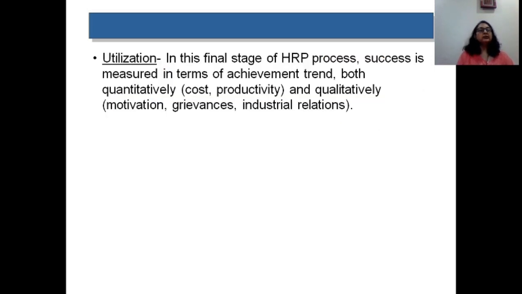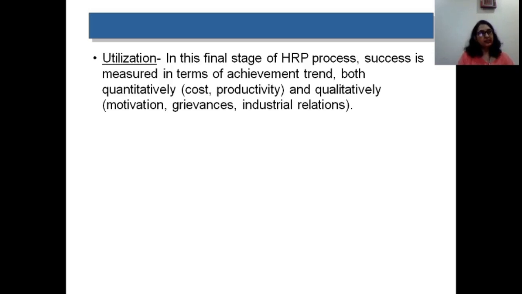Then lastly, the utilization stage. In this stage, the success of the HRP process has to be measured in terms of achievement, both quantitatively and qualitatively. So in quantitative terms, the cost of manpower has to be considered.